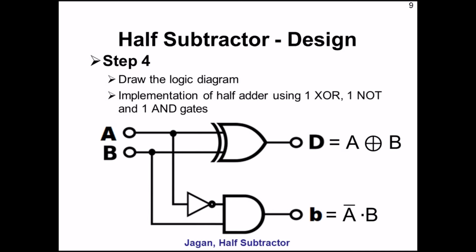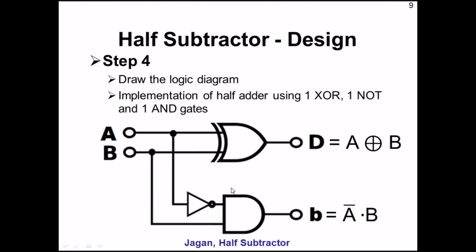Here also we are getting D is equal to A XOR B. There also you get the same, sum is equal to A XOR B in the case of half adder. And what is the result of carry in half adder? It is AB, and here we have borrow is equal to A bar B.